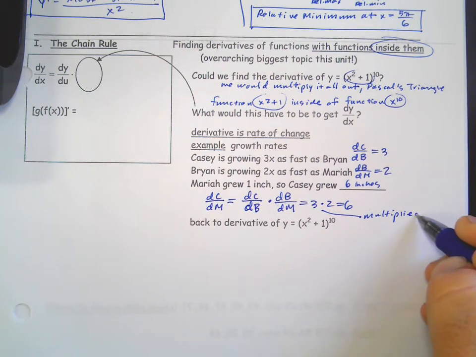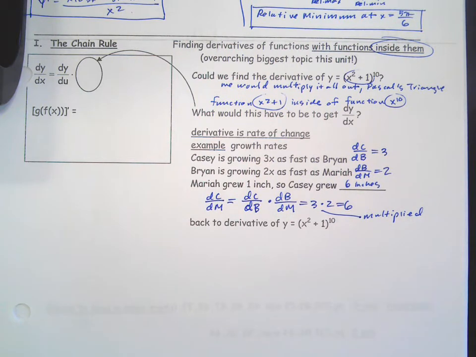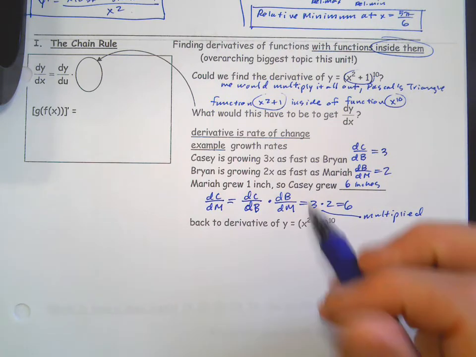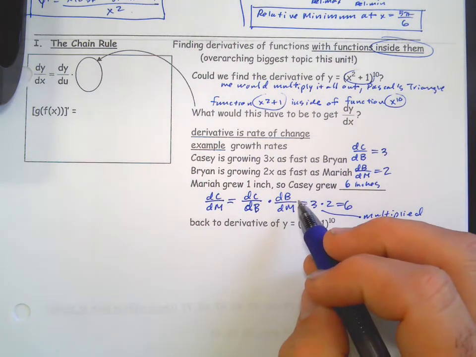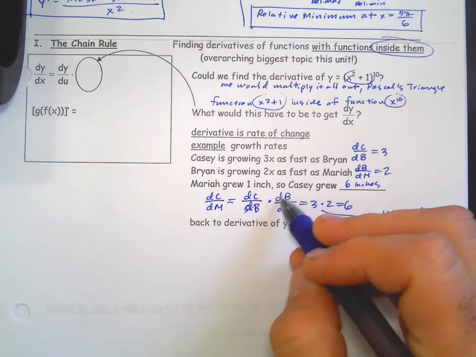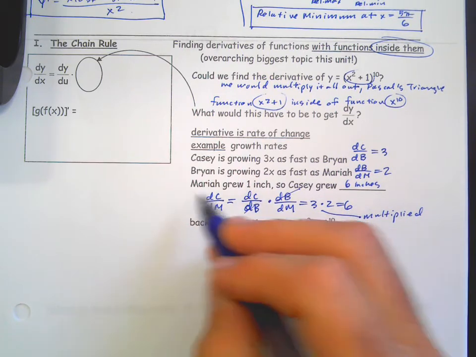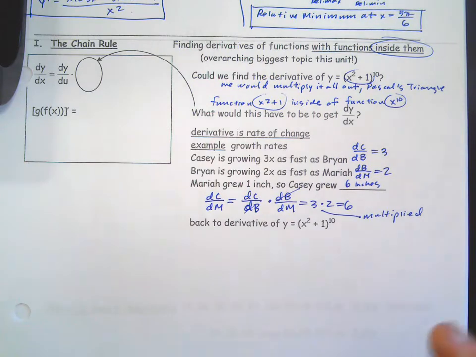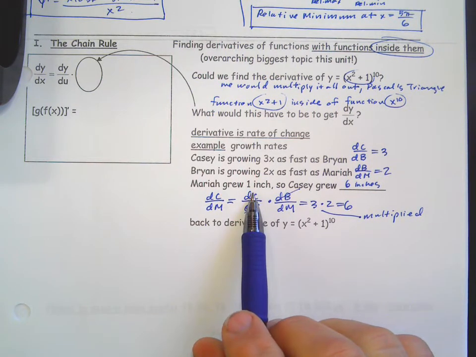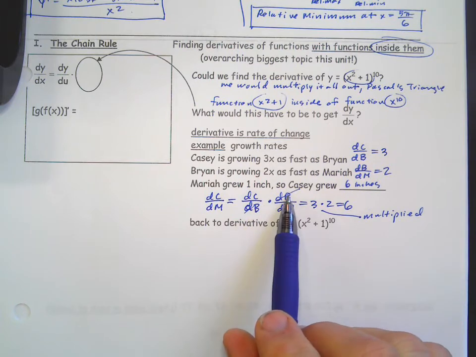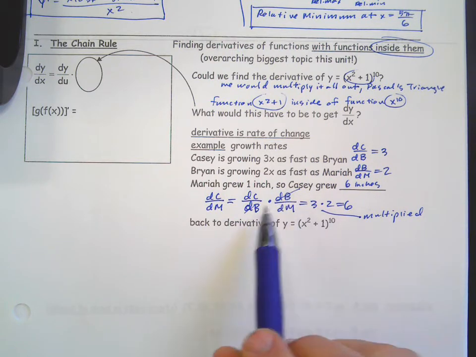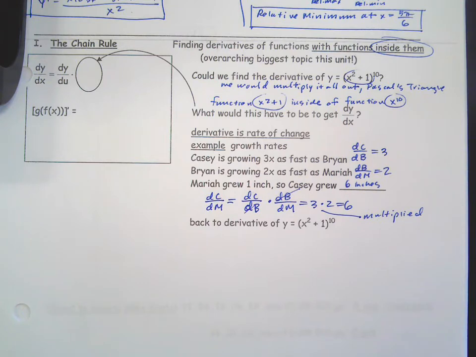We didn't add them, and it even makes sense in simple algebra: the db's cancel and you get dc over dm. It makes sense even if you think of those as fractions, which they kind of are. It's a small change in c over a small change in b, times a small change in b over a small change in m, so the small changes in b cancel each other out.